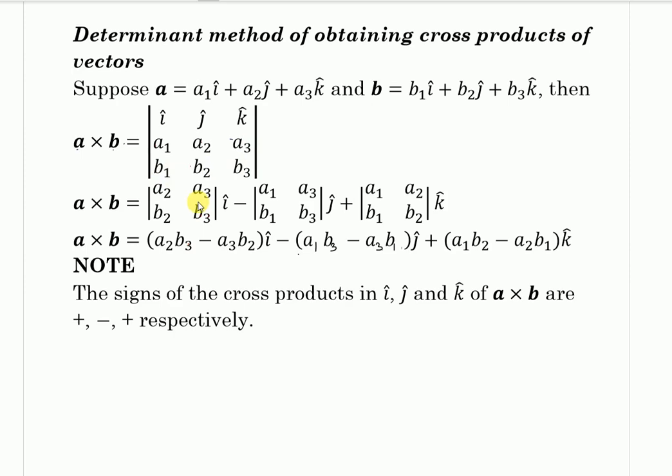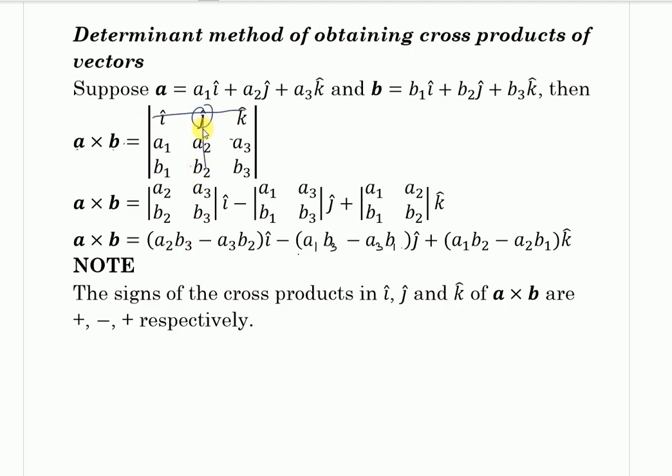For i, you start with this i, and you cancel this and this. Then you have A2, A3, B2, B3. That is what you are having here. Then after that, we shall have j. When you come to j, cancel that, cancel that.